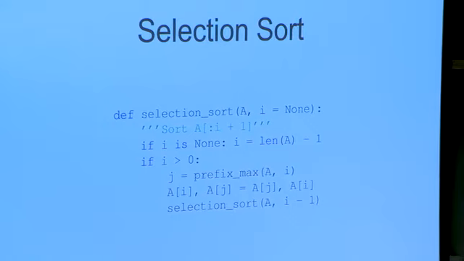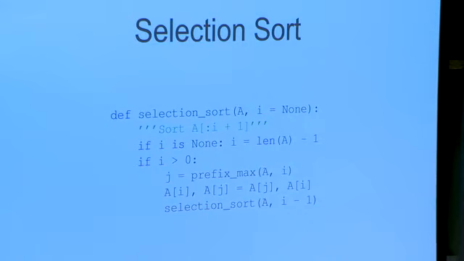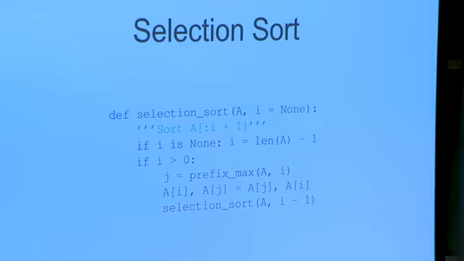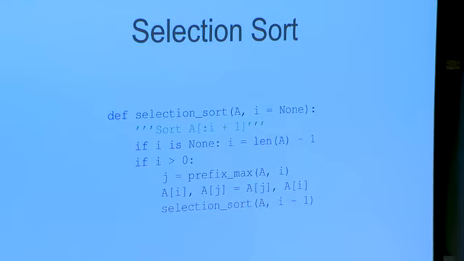So this is just a code version of the technique we've already talked about. You find the biggest element between 0 and index i. That's what we're going to call j here. I swap that with the one in index i. That's step 2. And then step 3 is I still have to sort everything to the left of index i, and that's that recursive call.